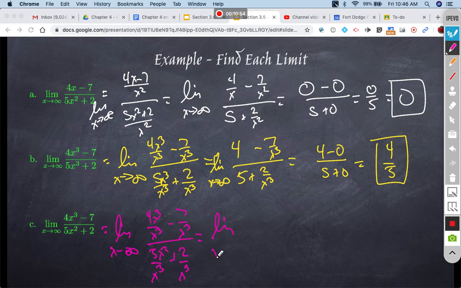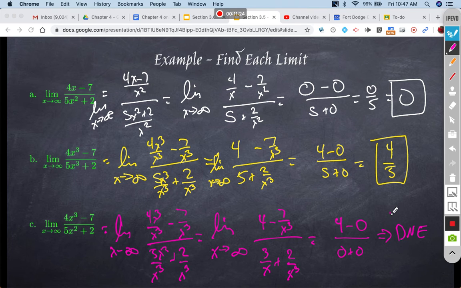Gives me the limit as x approaches infinity of 4 minus 7 over x to the third over 3 over x plus 2 over x to the third. And that's going to be 4 minus 0 over 0 plus 0, which does not exist. So the limit, in this case, does not exist. The limit as x approaches infinity.